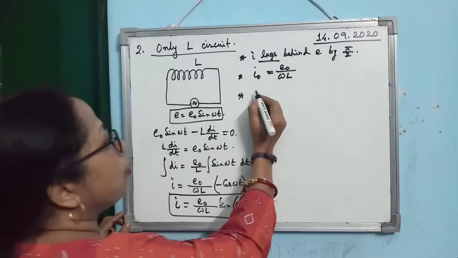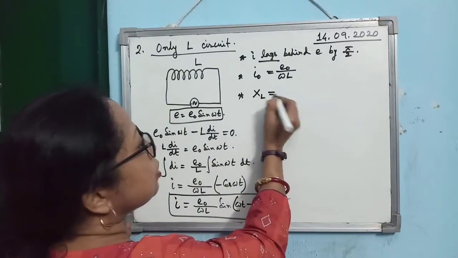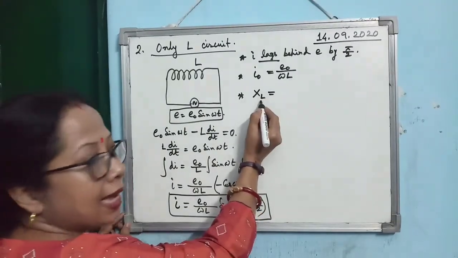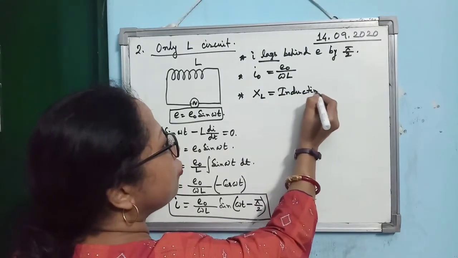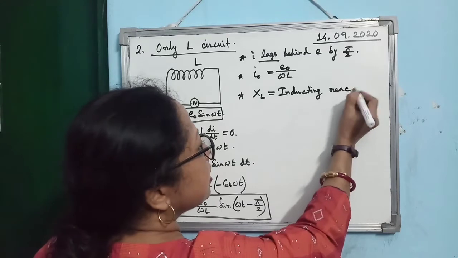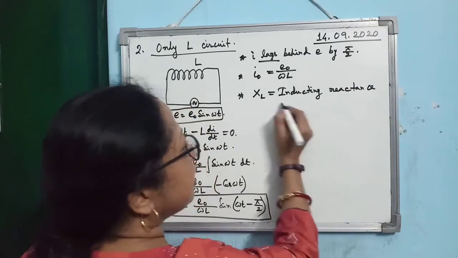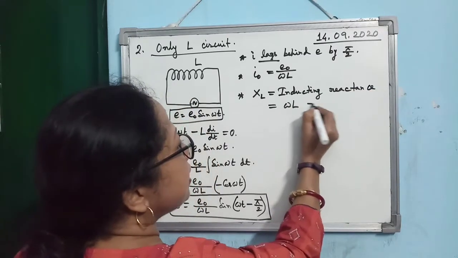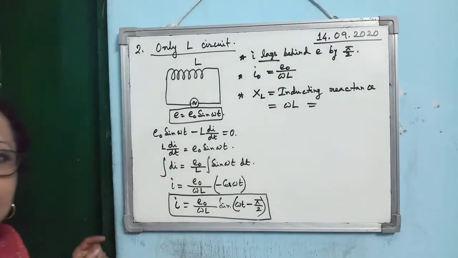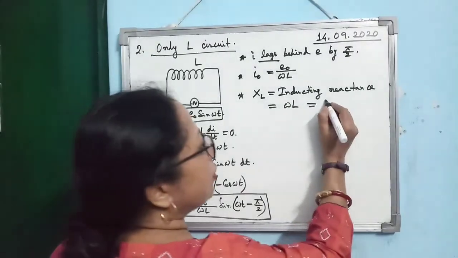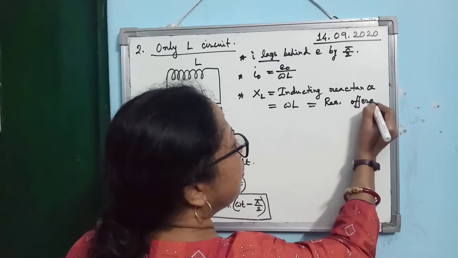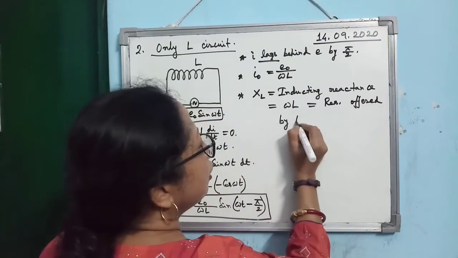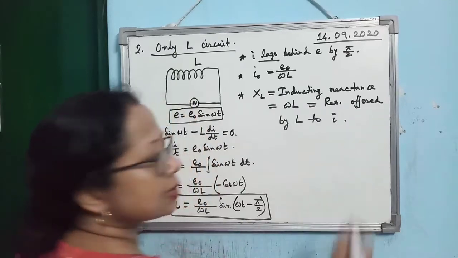We denote it by XL, which is known as inductive reactance. What is its name? Inductive reactance. And what is the meaning of inductive reactance? The meaning of inductive reactance is the resistance offered by L to I. Is that clear?